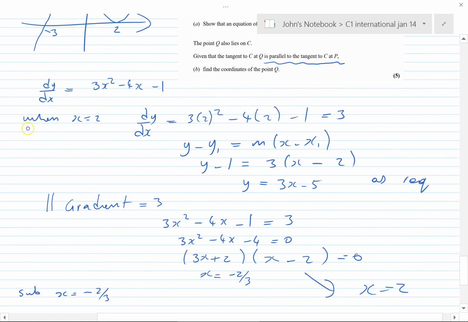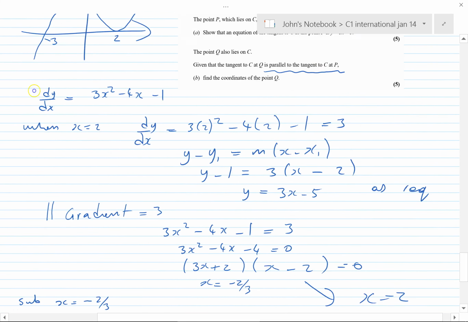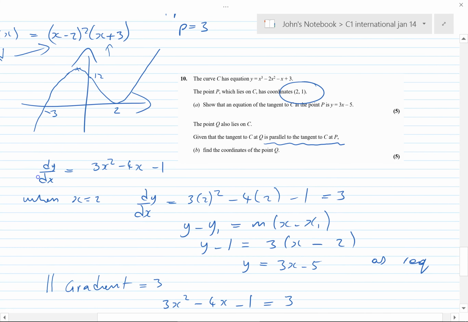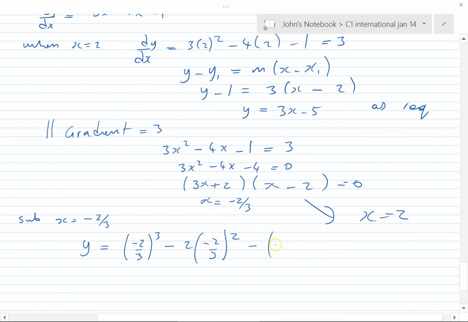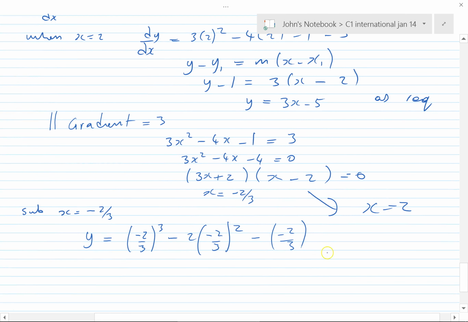So let's look at y equals minus 2 over 3 cubed minus 2 times minus 2 over 3 squared minus 2 over 3 plus 3.